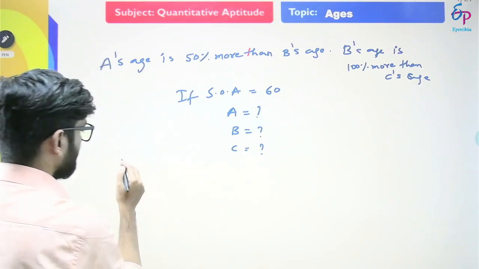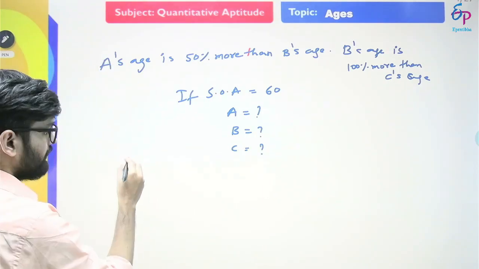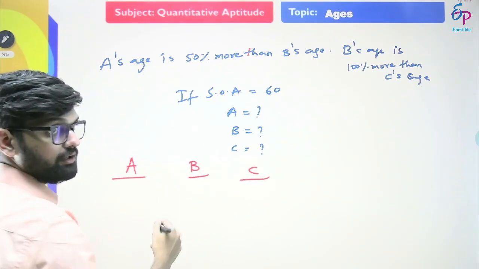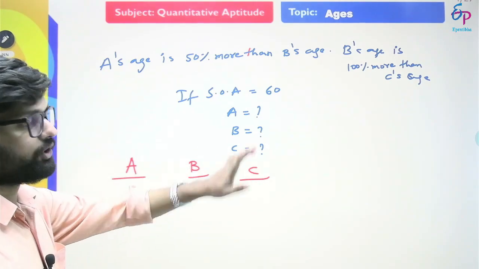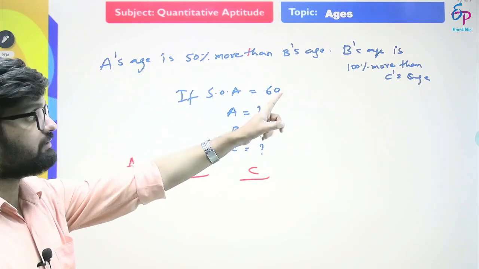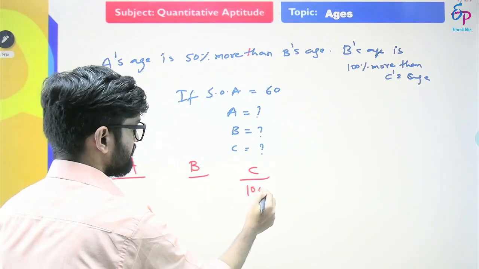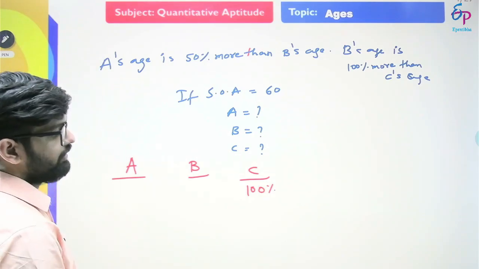What you can do, you write like this: A, B and C. Whoever is not being compared, or whoever's name is given last, you can take it as 100%.